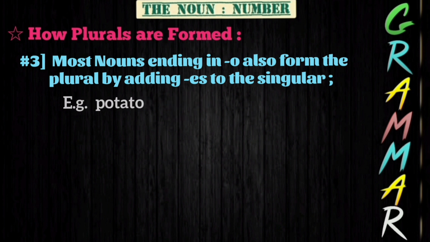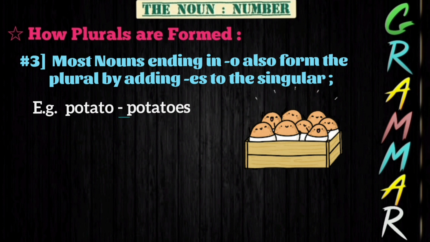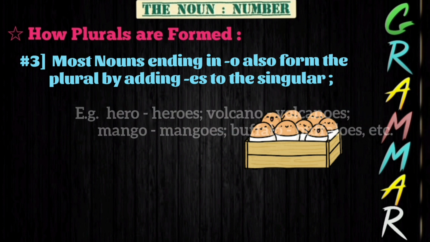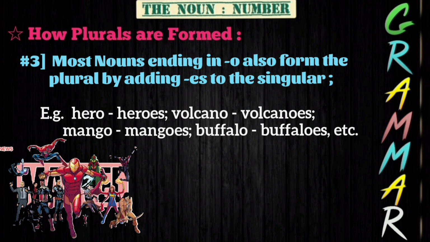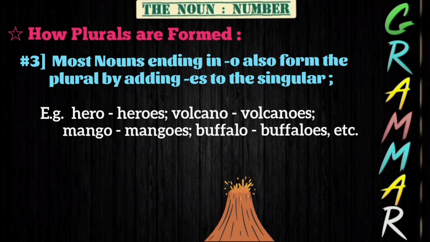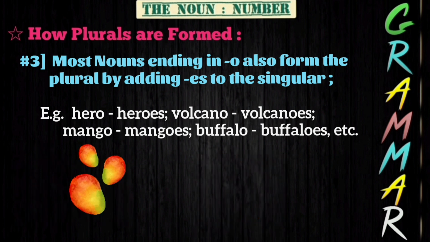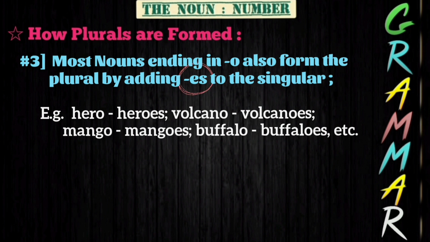For example, if we have words like potato, here the singular form is ending with the letter O. So what will we add here? We will add ES and the answer will be potatoes. Similarly, hero, heroes, volcano, volcanoes, mango, mangoes, buffalo, buffaloes. They all are ending in O and so we are adding ES.